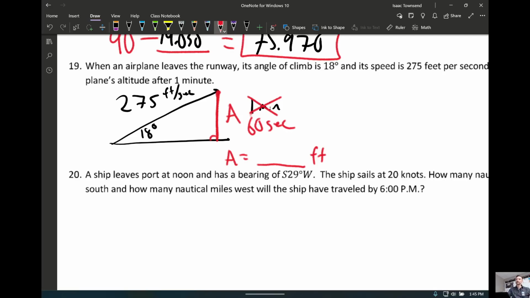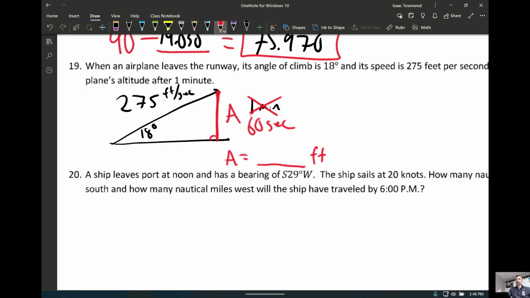If you just leave this 275, which is his speed, then you're going to think his altitude is next to nothing. You're going to think this plane is still near the ground, because this is the hypotenuse, so this side has to be less than that. The plane's definitely higher than 275 feet after 1 minute. Especially at 18 degrees. 18 degrees sounds pretty steep to me, but I don't know.